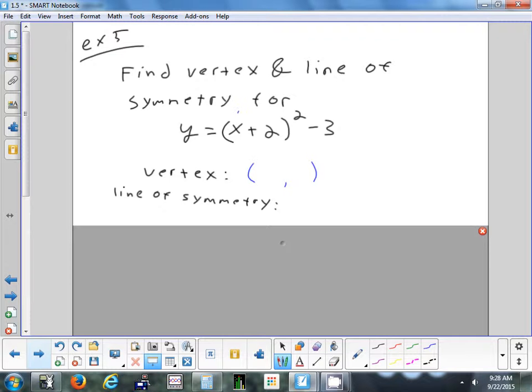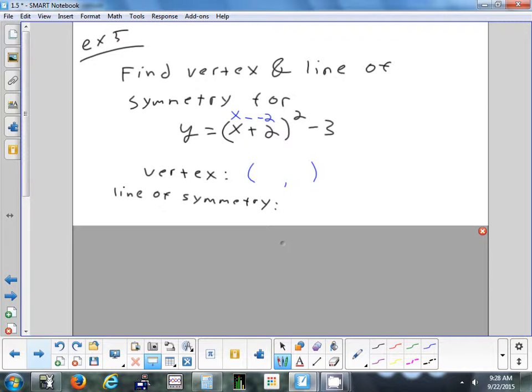Yeah, let's write it as x minus minus 2. Let's start with shifting left and right. In this case, did I shift left or did I shift right? Right. Look at the number after the minus sign. Left. It's less than 0, so we shifted left 2 units. Right? That's why it's negative.